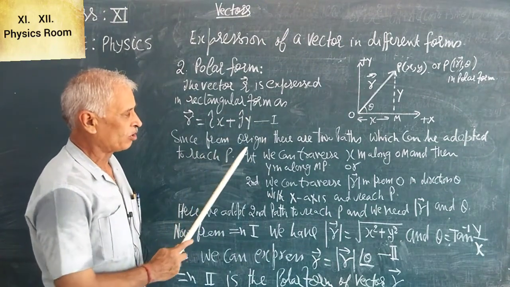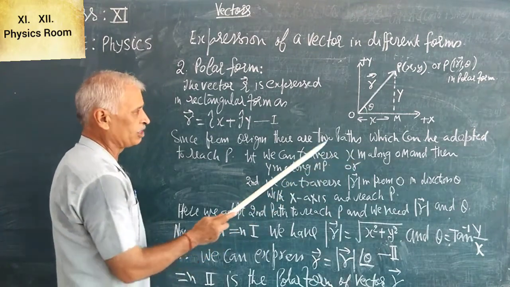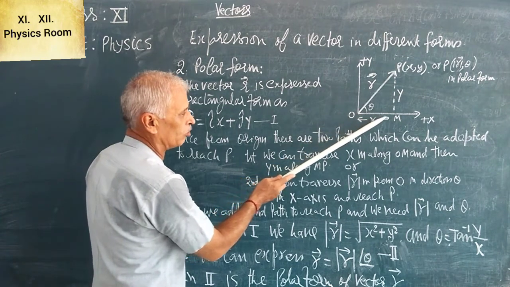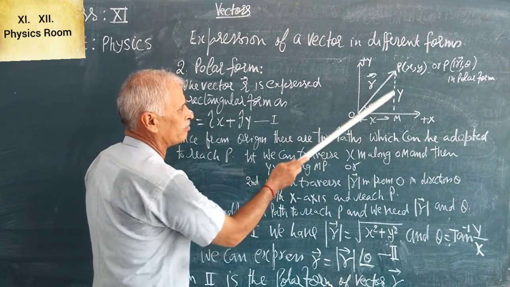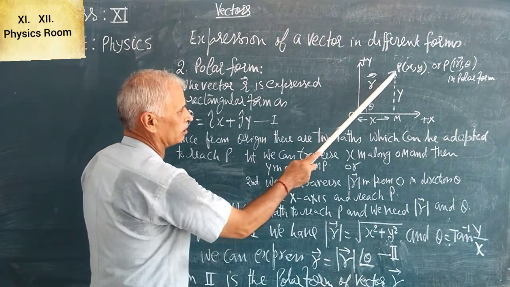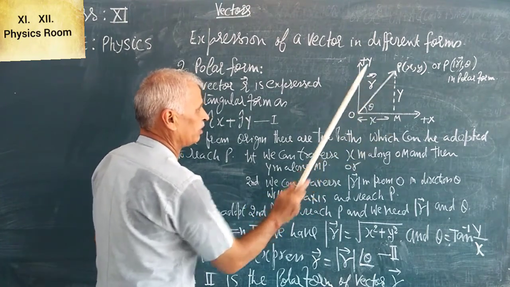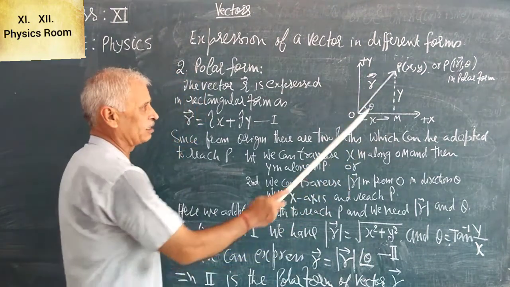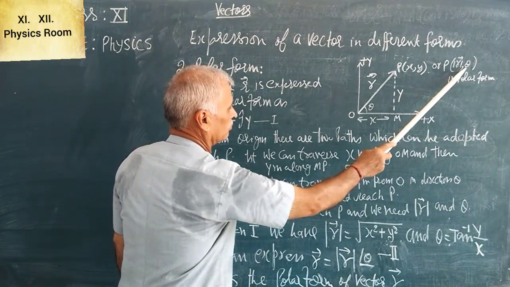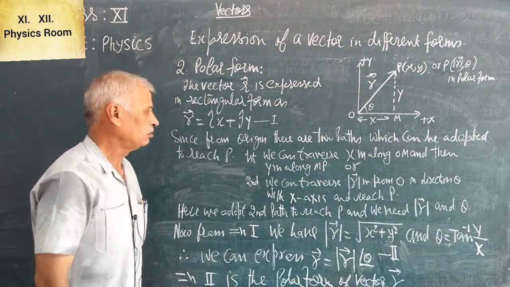Now, from the origin there are two paths which can be adopted to reach point P. What are those two paths? One path: we move from O to M and then M to P. The other path: we move r meters at an angle theta with the x-axis and reach P. And we can write point P as mod r, theta, which is in polar form.